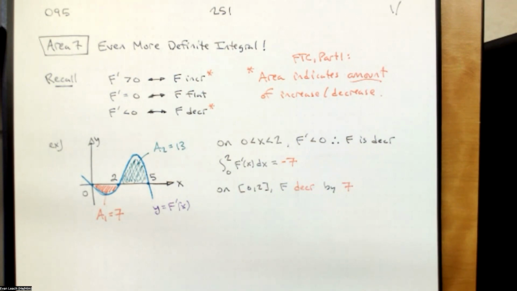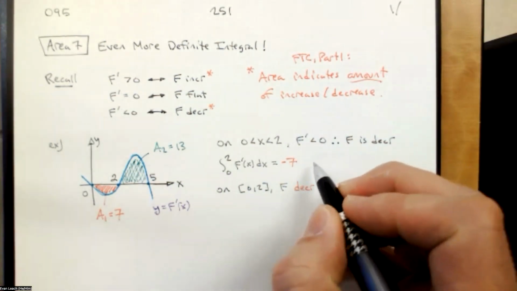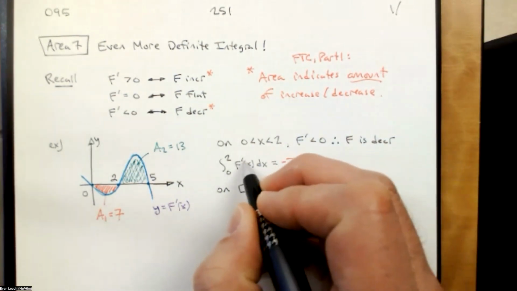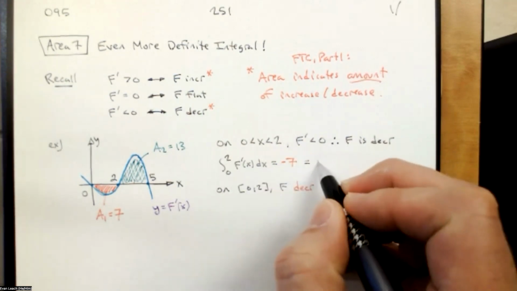The way we say F decreases by 7 is you take whatever value we had at 2, and if we subtract the value that we had at 0, we would end up with -7. That's from the fundamental theorem of calculus, and that would go right up here. And the antiderivative of capital F prime is just capital F.